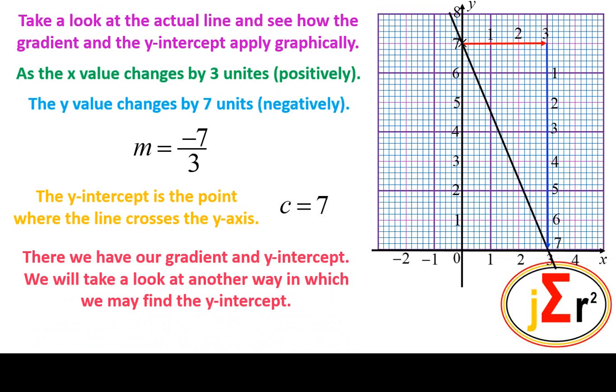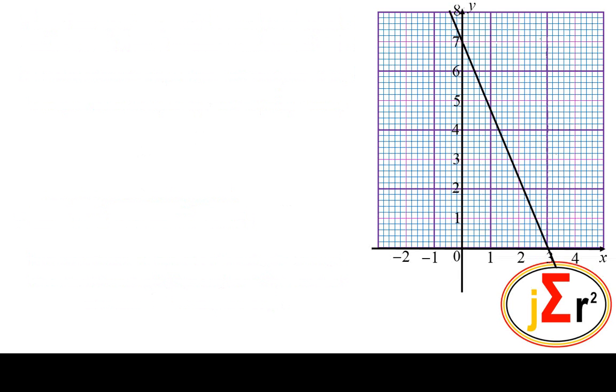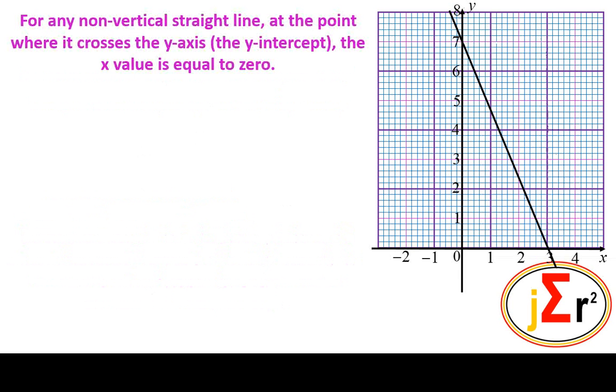Now we take a look at another way in which we may find the y-intercept. We have found the y-intercept, but as yet we have not stated its coordinates, so we are just going to continue until we get to that point.